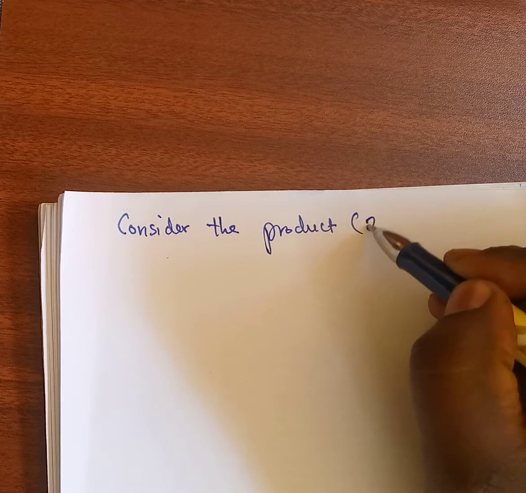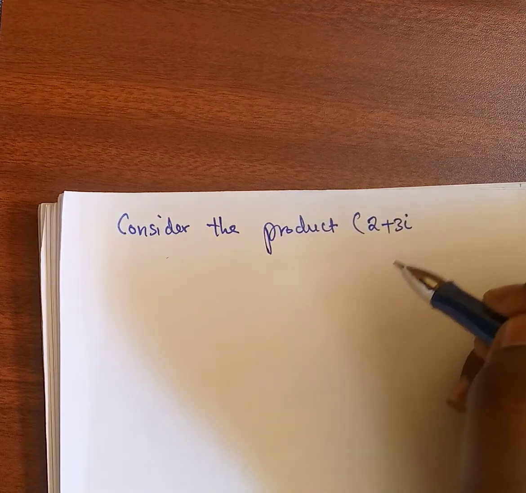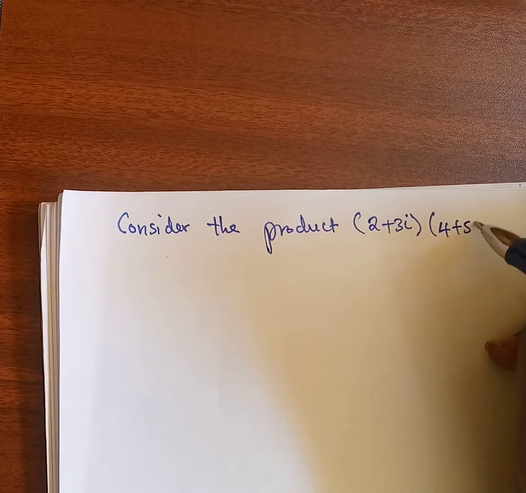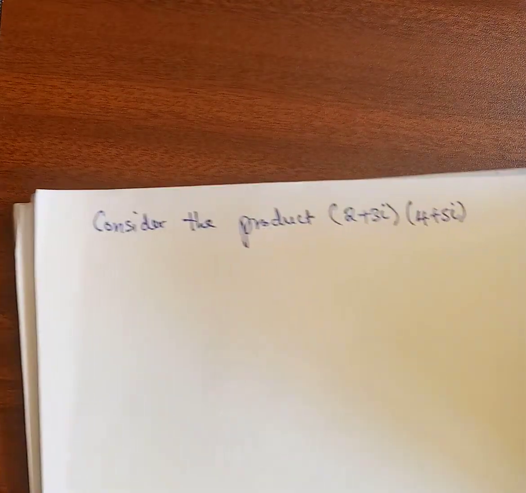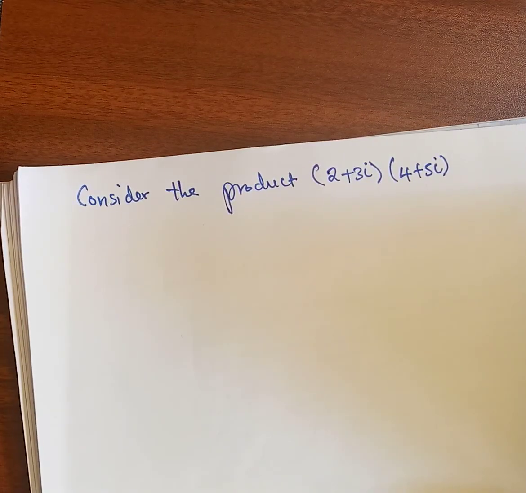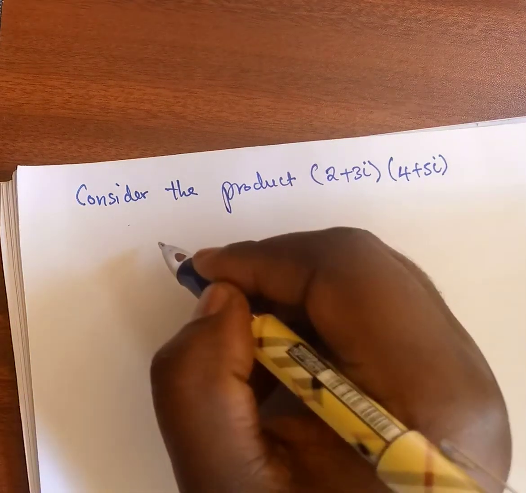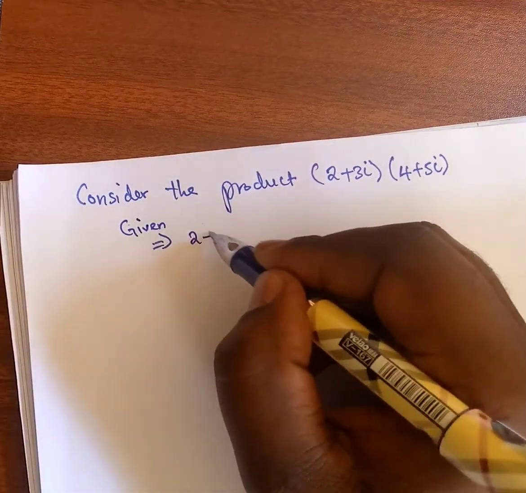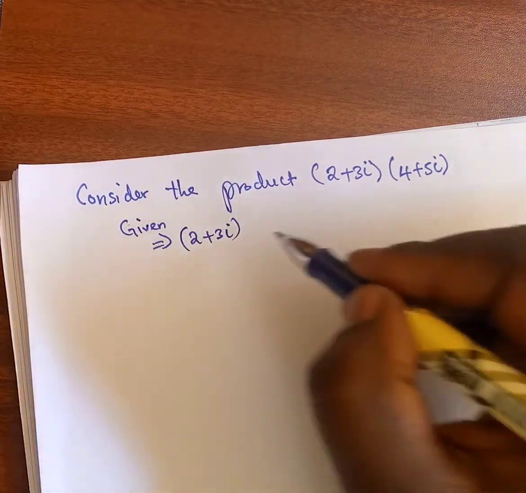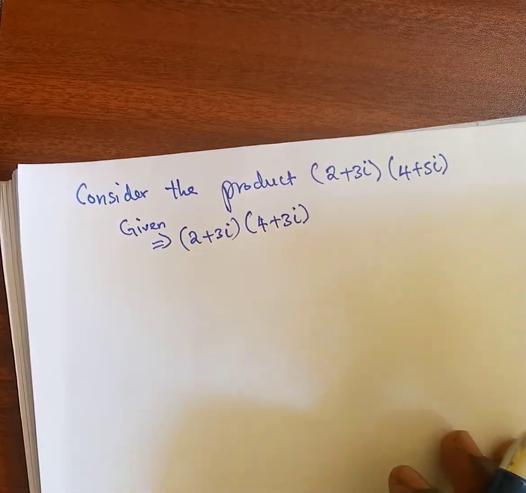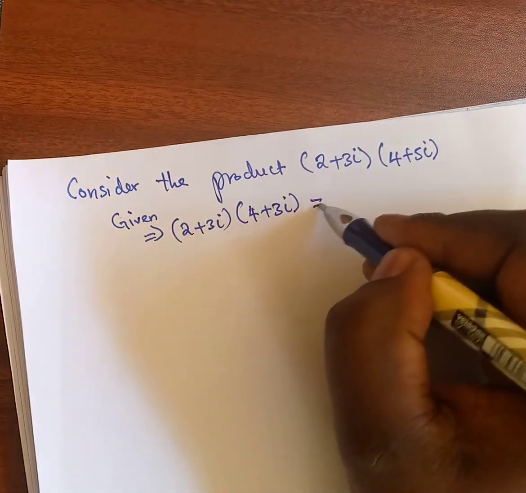This is 2 plus 3i, and then we are multiplying that by 4 plus 5i. Consider that product. Well, remember the FOIL. This is what we are given: 2 plus 3i multiplied by 4 plus 3i. What should we be able to get?